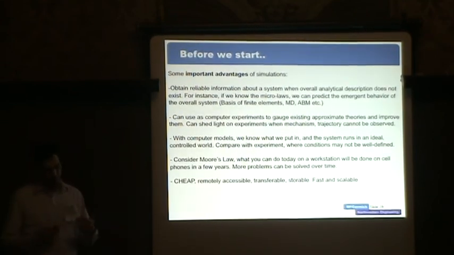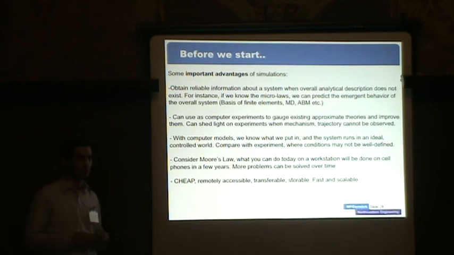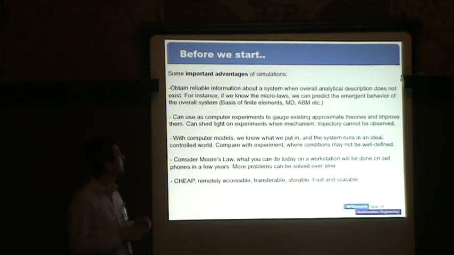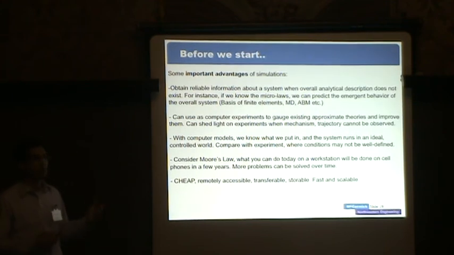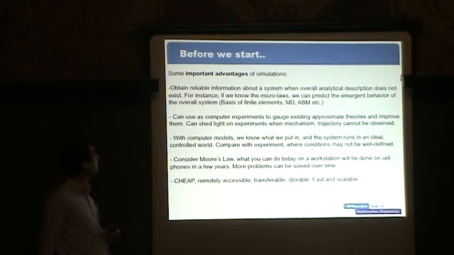So just before we get into really the details of molecular simulations, I want to talk a little bit about the advantages of why we do molecular simulation as opposed to other methods. First of all, we can obtain reliable information about a system when an overall analytical description doesn't exist. For instance, if you know the microscale laws, you can predict the emergent behavior for the overall system. And this is the basis of finite elements as well.